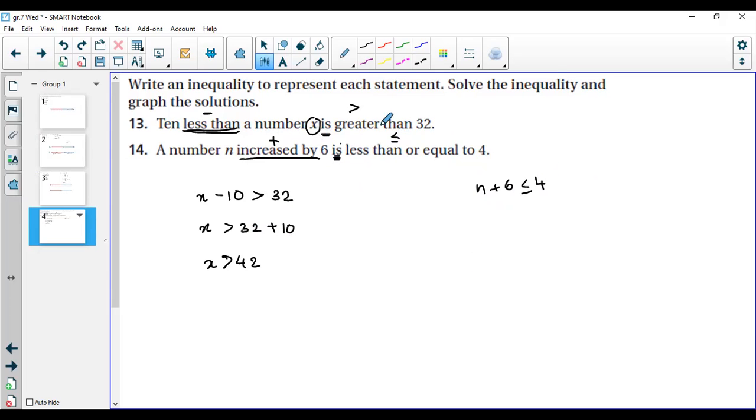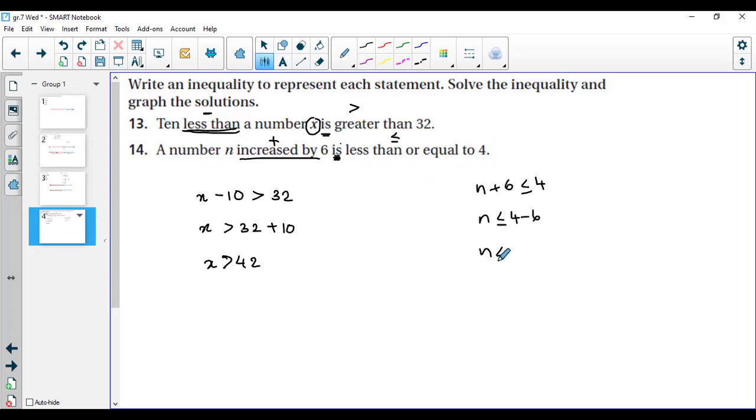And this is how you interpret the words. Remember, "is" is like a separation between the two parts of the question. So this part is one side of the inequality, and this is going to be the other side. So how do you solve this? n is less than or equal to 4 minus 6.